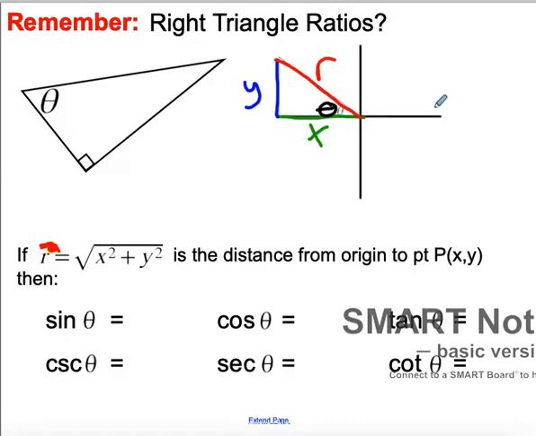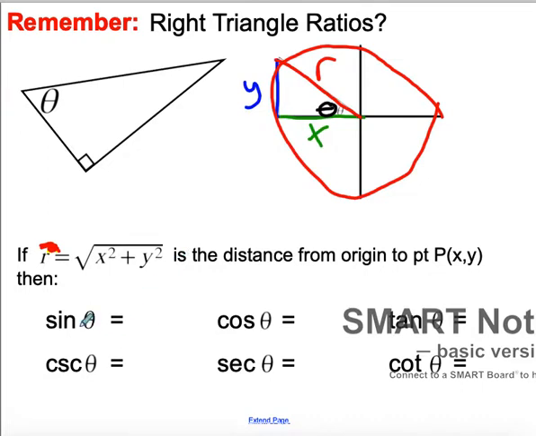And so we're going to be talking about ratios on a circle. My circle is terrible. But r is basically, we can consider it our radius, or it's the hypotenuse, okay? And so we've talked about the trig ratios in terms of hypotenuse, adjacent, opposite, but we're also going to talk about them a lot in terms of x, y, and r.